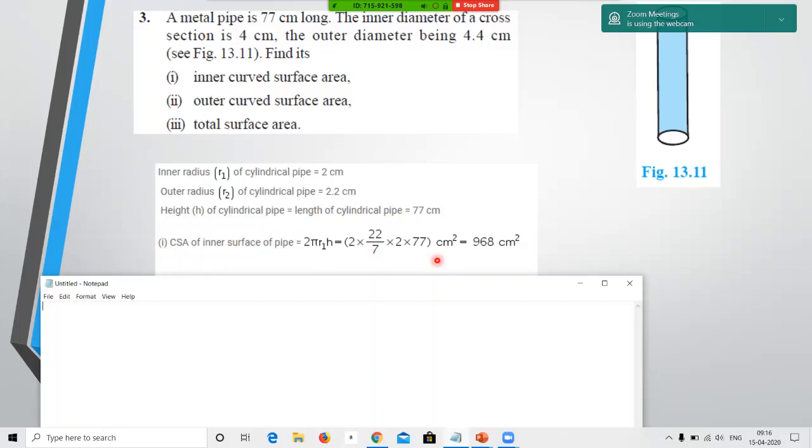Similarly, find for the outer one. Come on. Now you will take it as 2 pi R2 H, where R2 is 2.2.